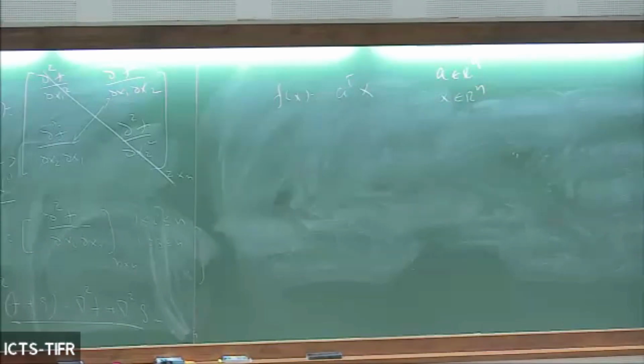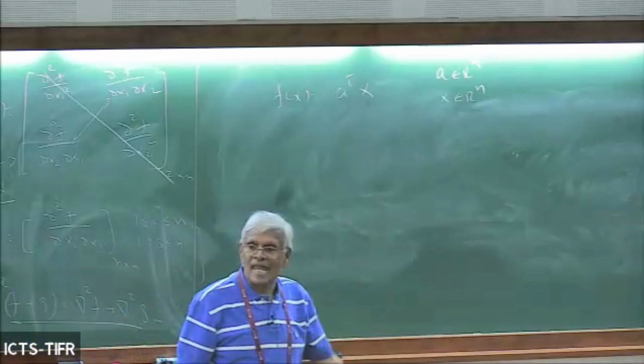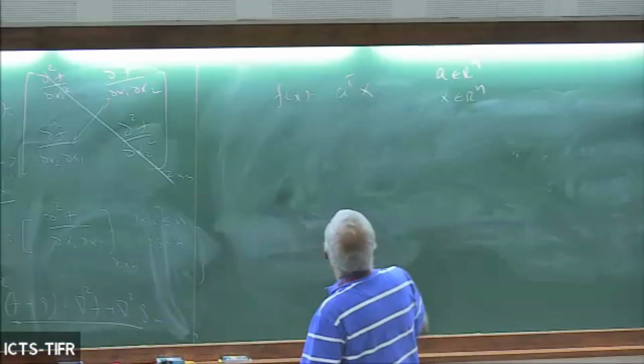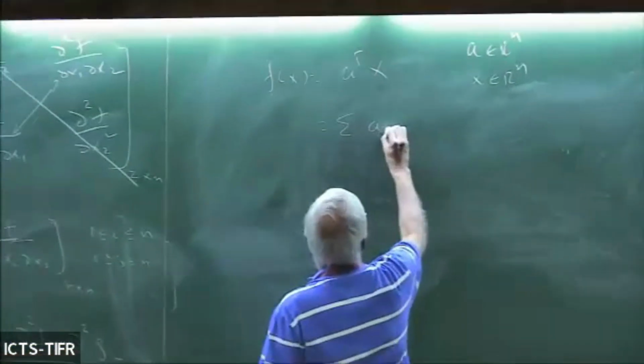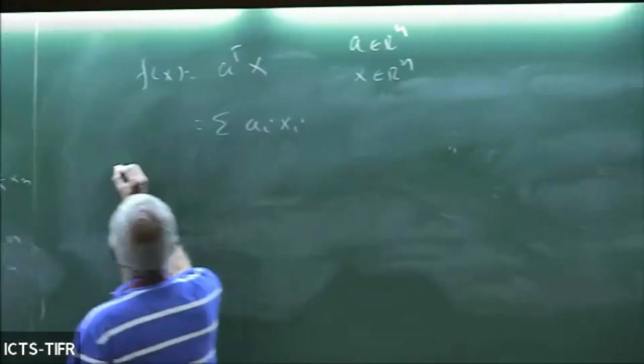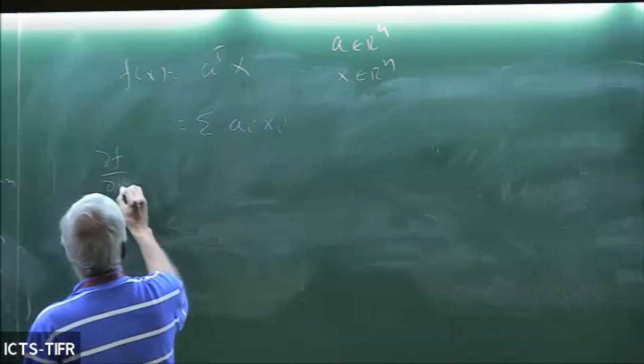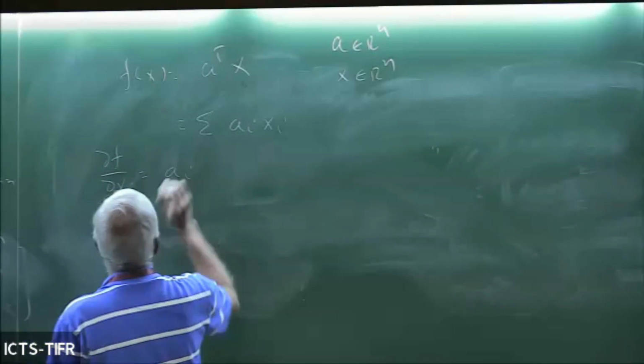What is this? It's a quadratic function of x. I need to know how to handle the quadratic function of x. How many of you are with me? That's right. So what is a typical model in calculus they will use for a linear function? A transpose x, where A is a constant vector. So what is this? This is summation a_i x_i. Therefore, what is del f by del x_i? It is equal to a_i. So what is the gradient?